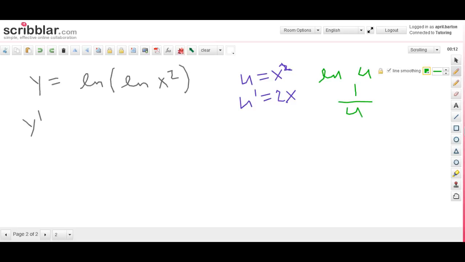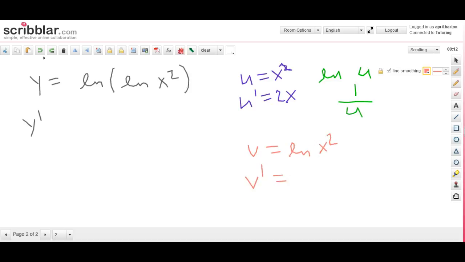Then we'll need the derivative of this inside and the derivative of this outside. So I'm going to call the inside natural log x squared.